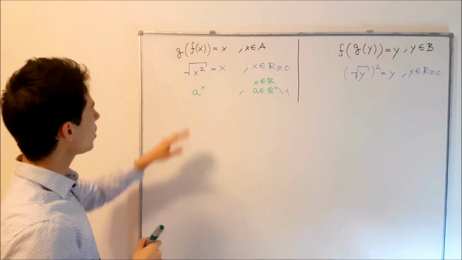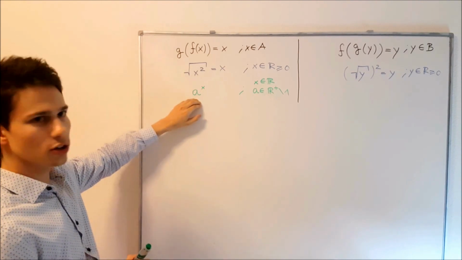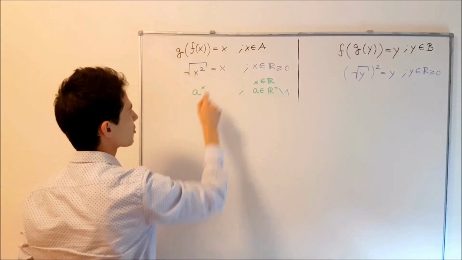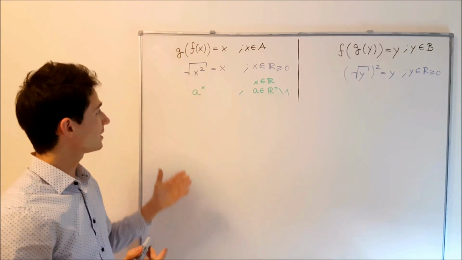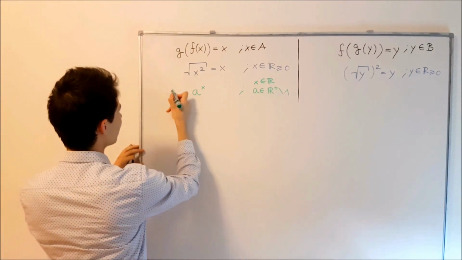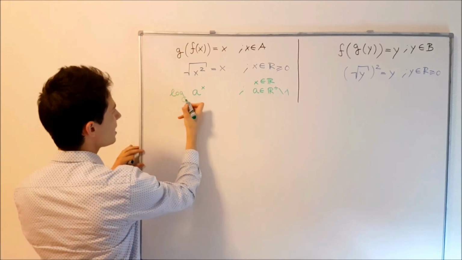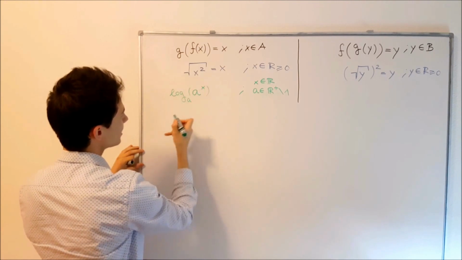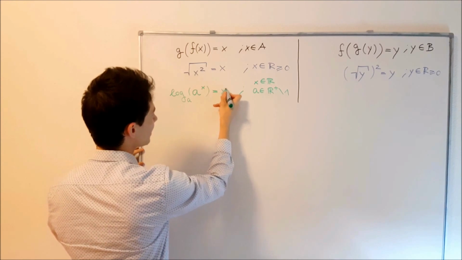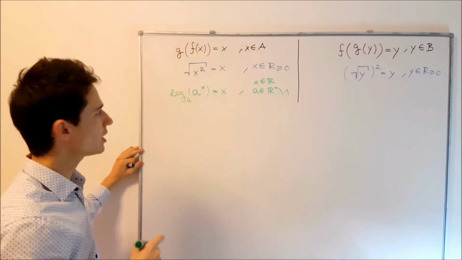Then the question is, what inverse function would you have to apply to this function in order to get back the argument x? It is not the square root, but it is the logarithm. If you apply the log to this same base a on this exponential function, it will take you back immediately to x.